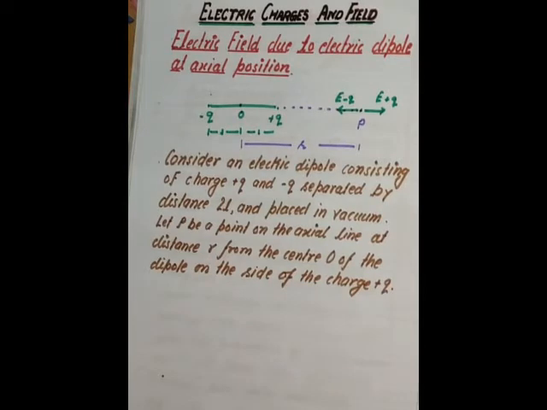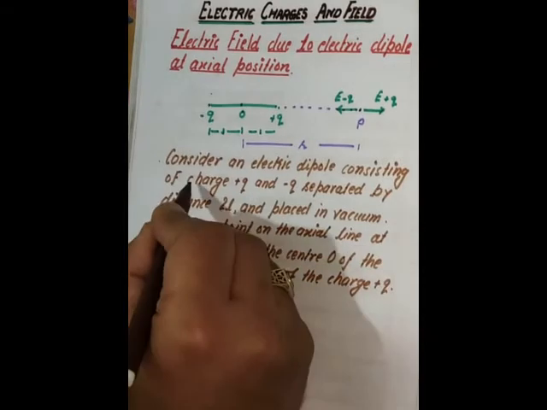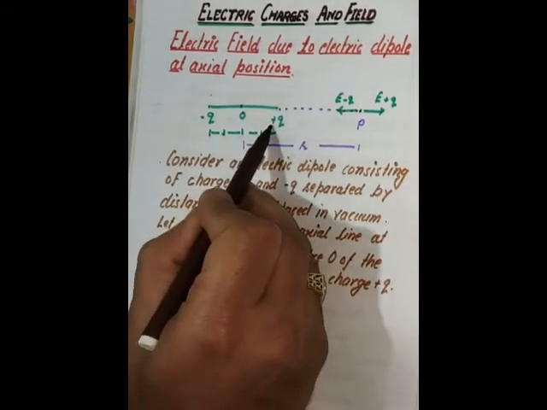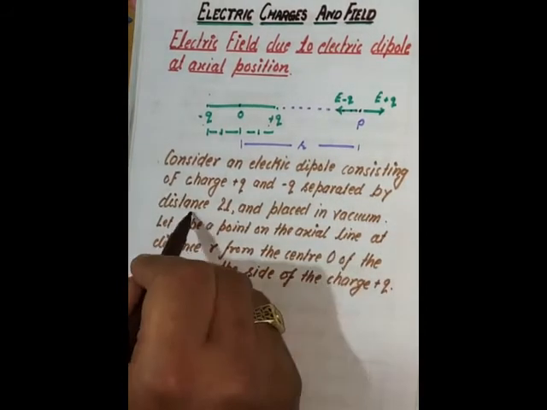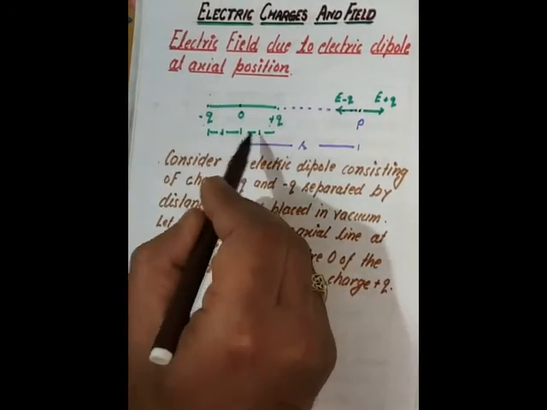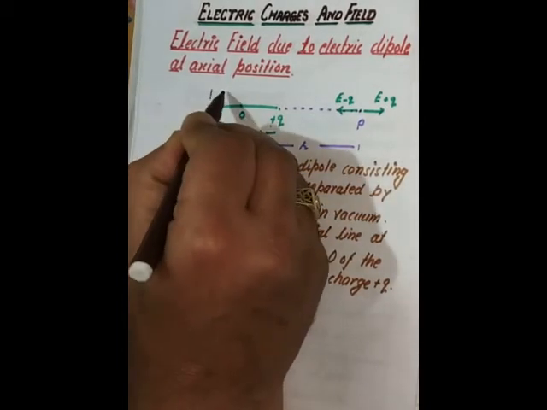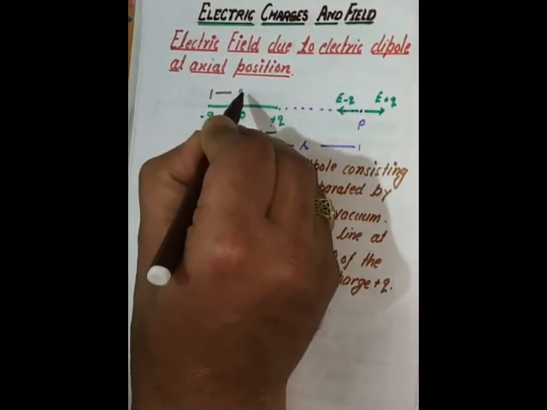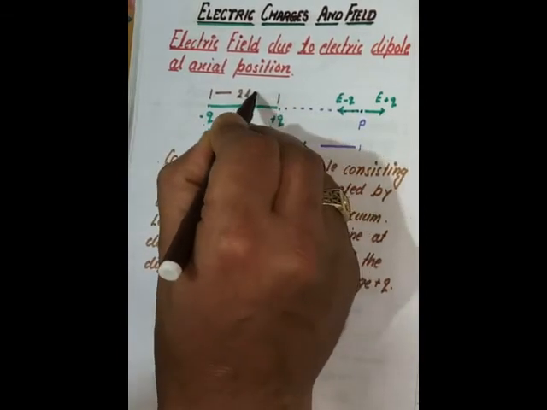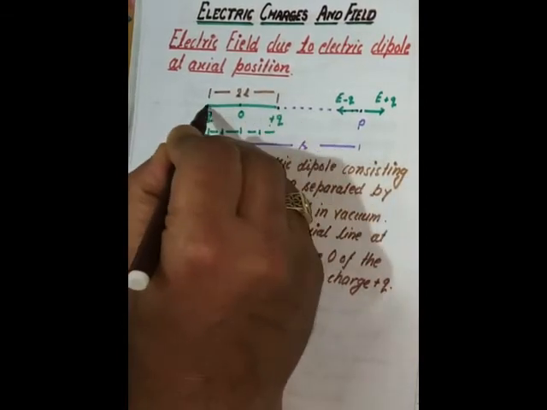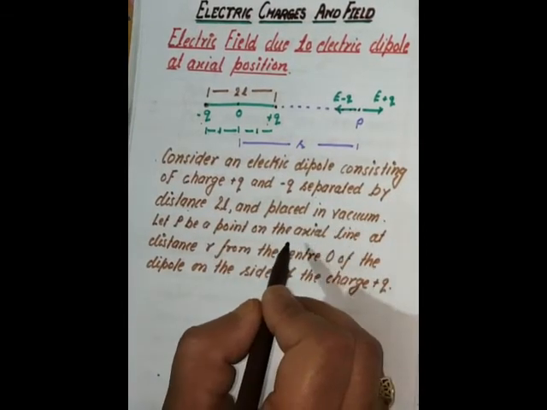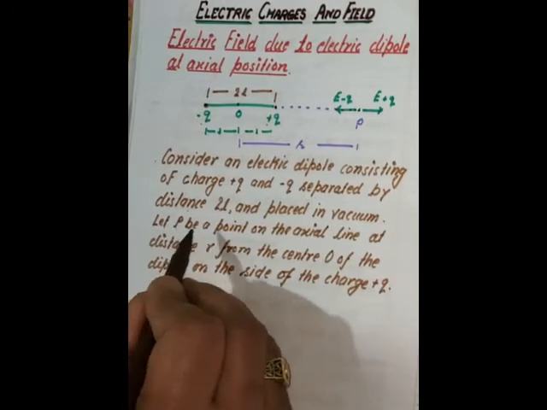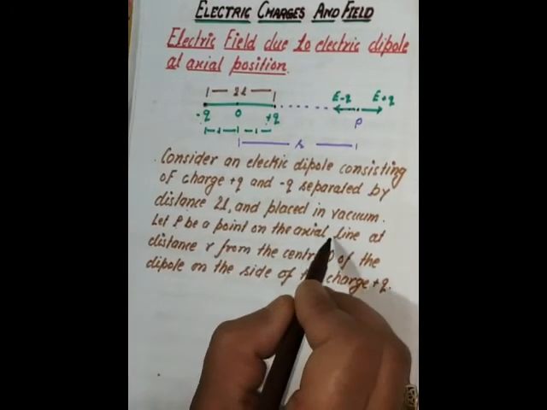Consider an electric dipole consisting of charges positive Q and negative Q separated by distance 2L, L and L, this distance, and placed in vacuum. Let P be a point on the axial line.